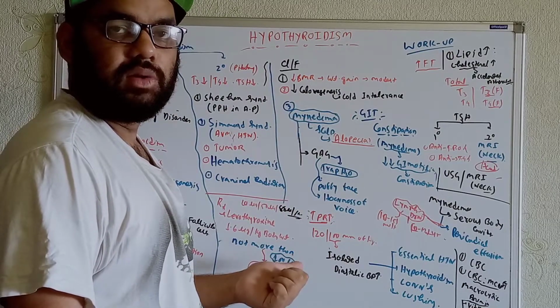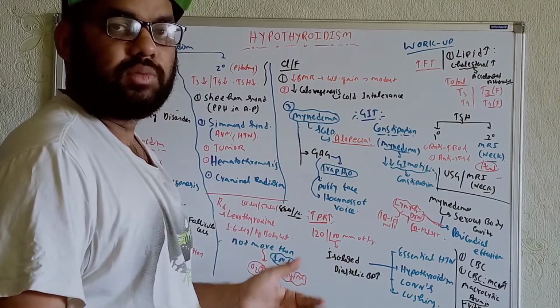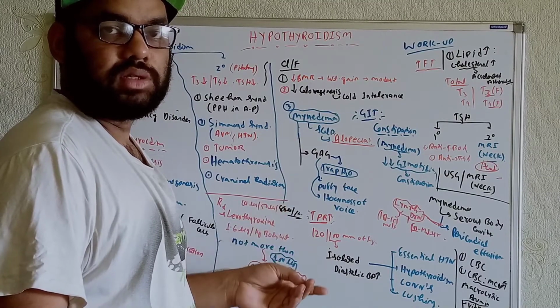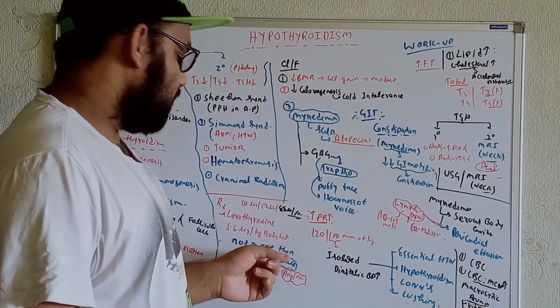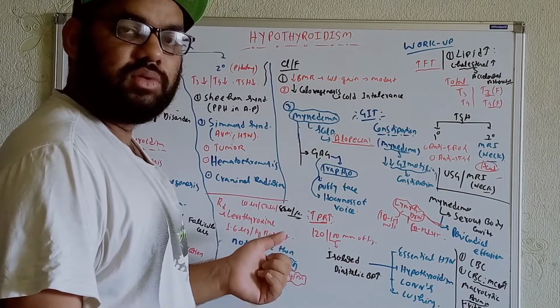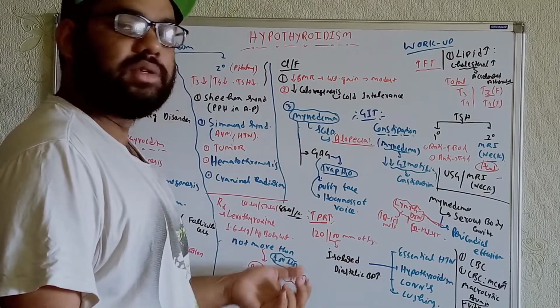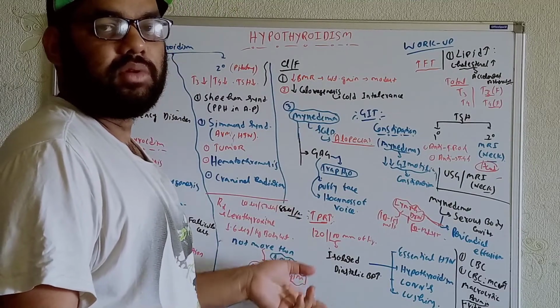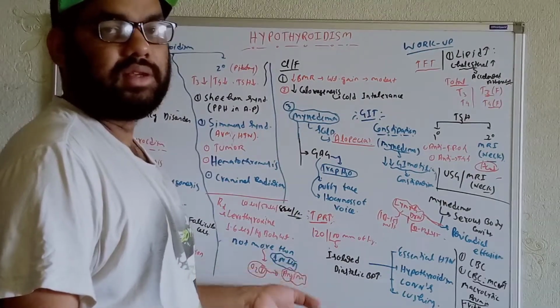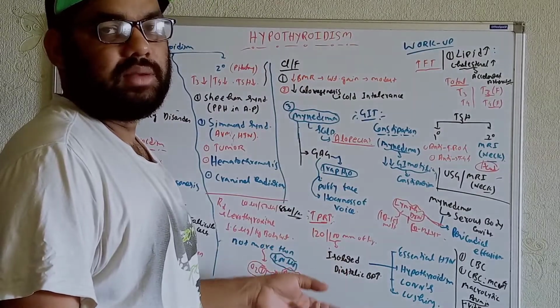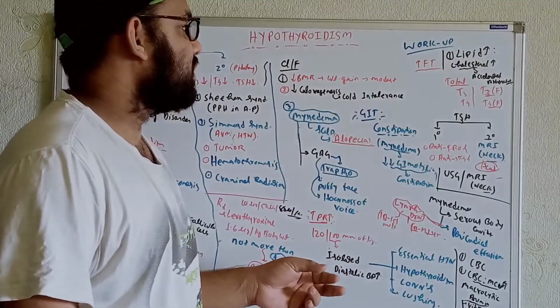And you have to make sure that we are not supposed to cross the dose of more than 100 microgram, because if we use more than 100 microgram, it causes more oxygen consumption, and whenever there is more oxygen consumption, definitely there is a chance for the development of angina pectoris.